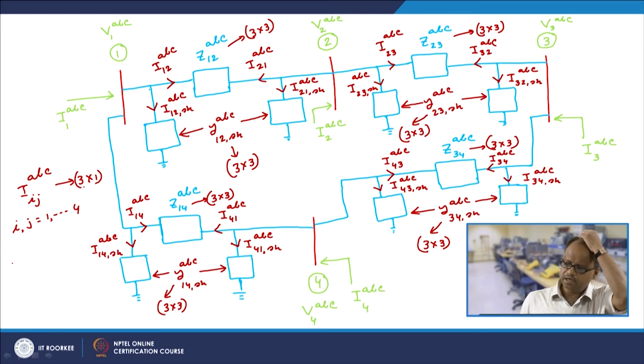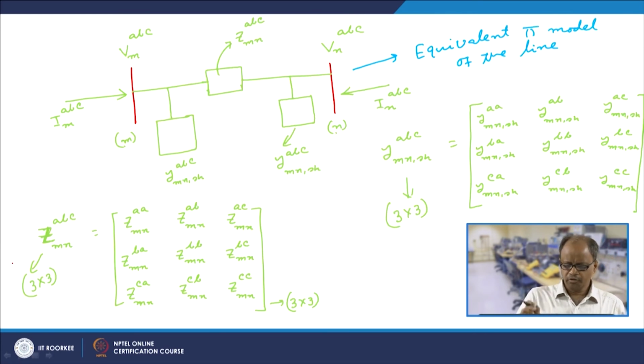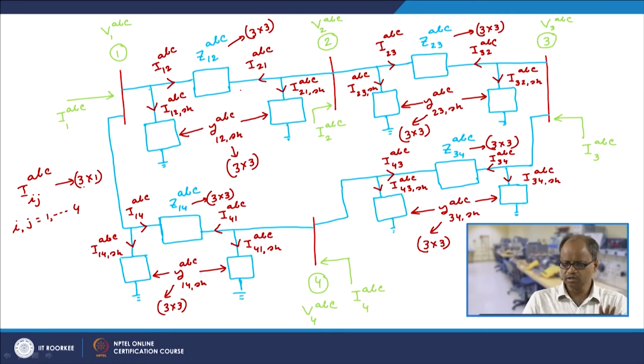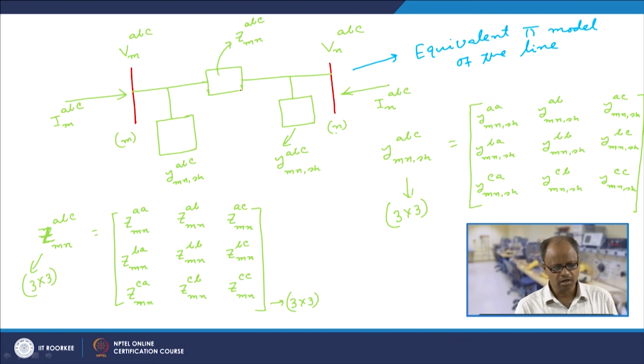Now what would be our next step? Here one thing we need to understand. To do this analysis, let us go back a little bit and try to understand. Suppose I want to write down the expression of IM ABC in terms of VM ABC and VN ABC. What would that be? I would say that this current is equal to this current plus this current, and this current is equal to this current plus this current.